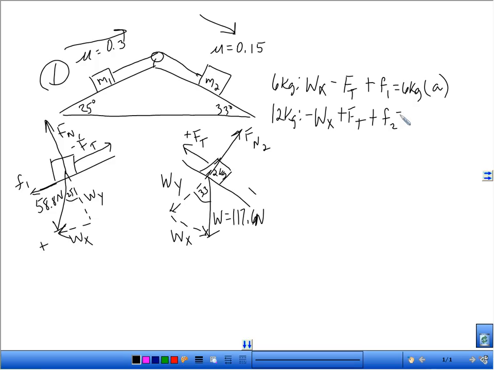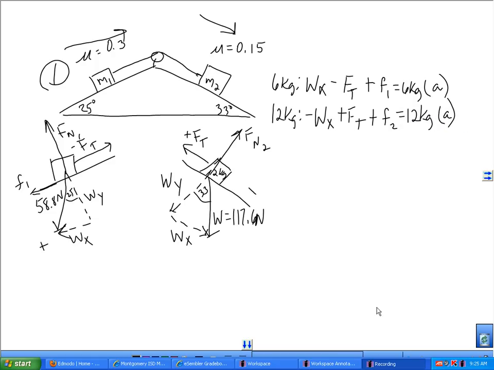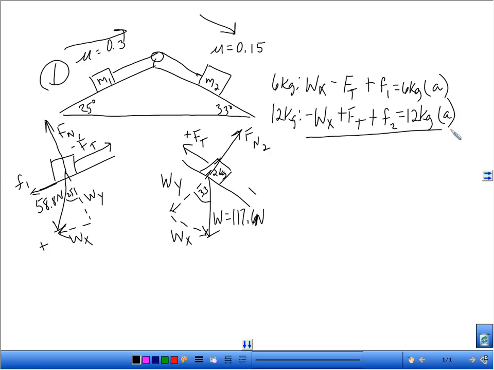I'm going to call it friction 2, 12 kilograms times A. All right, when I add those two up, be careful because this is for weight 1 and this is for weight 2, so don't cancel them out. I've done that before and it's not a good thing. So Wx1 minus Wx2 plus friction 1 plus friction 2 equals 18 kilograms times A.